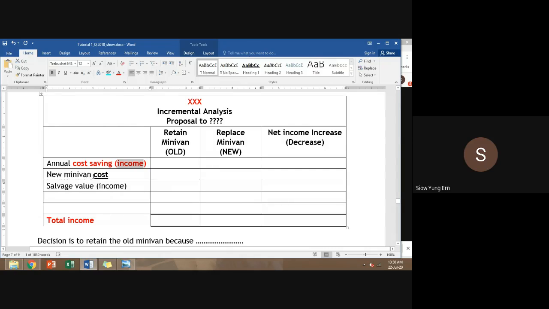New minivan cost is a cost and salvage value as usual is an income. So you have two income and one cost. So at the end, we will use total income. Different from just now. Just now is total cost. Since here we have two income, cost saving and salvage value, we use total income.